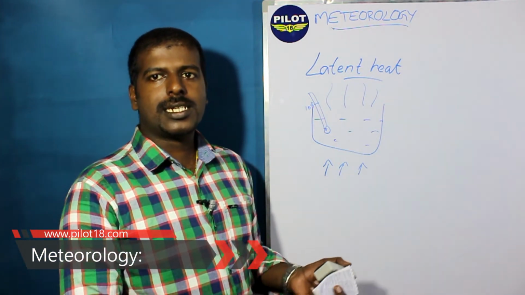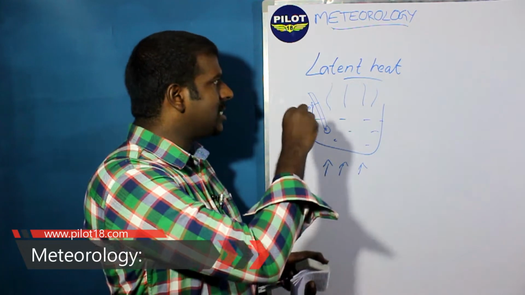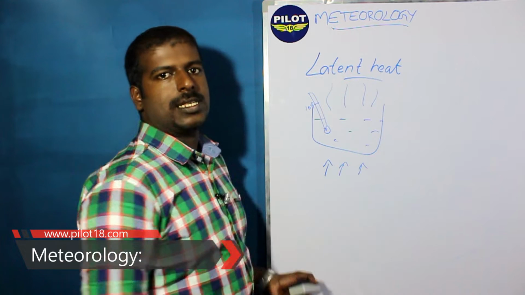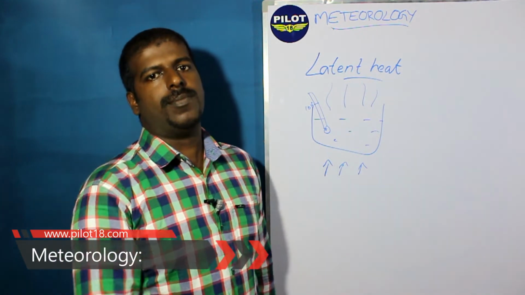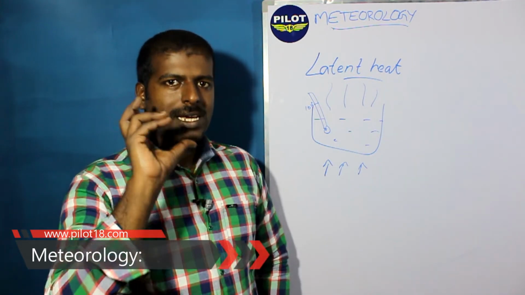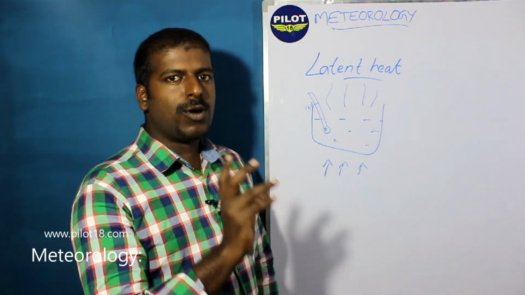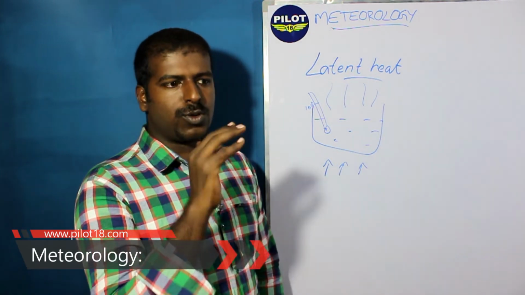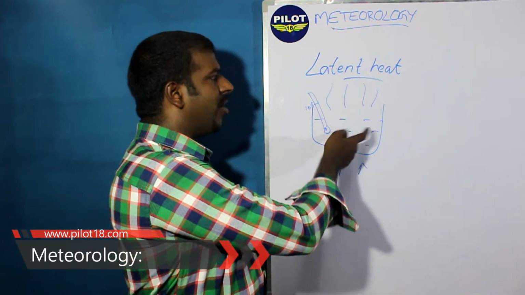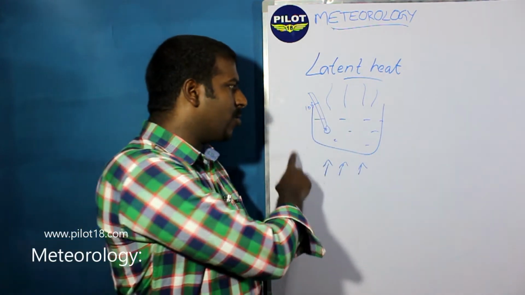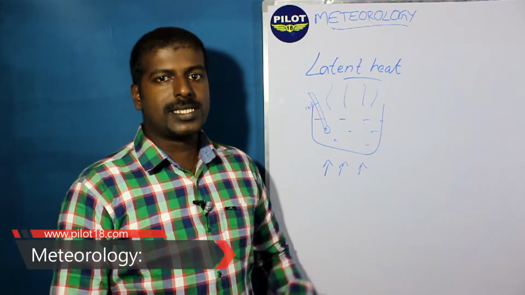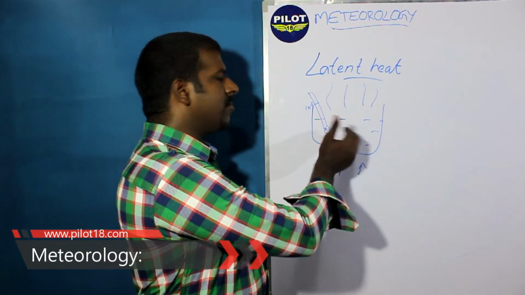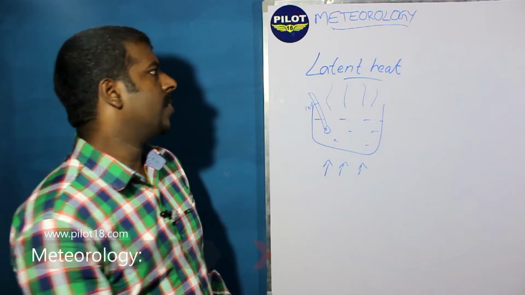The heat energy supplied is used as the latent heat to change the phase from liquid to gas. That entire energy is used up. And as per a rough calculation, it needs about 5 times more energy to change water to water vapor than it takes to heat water from 0 degree to boiling. That means that much energy is required for water to change its phase from liquid to gas. Okay.